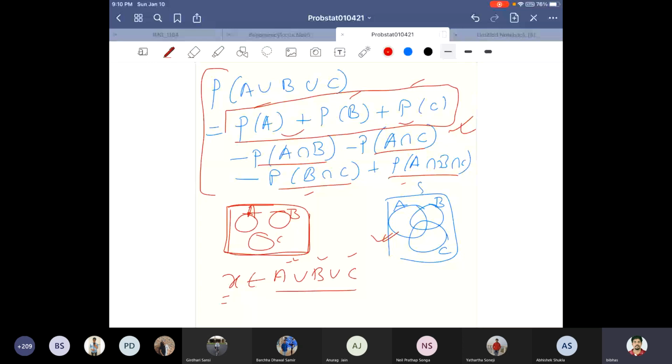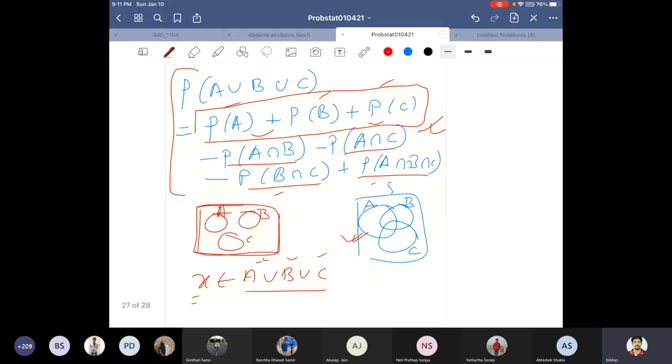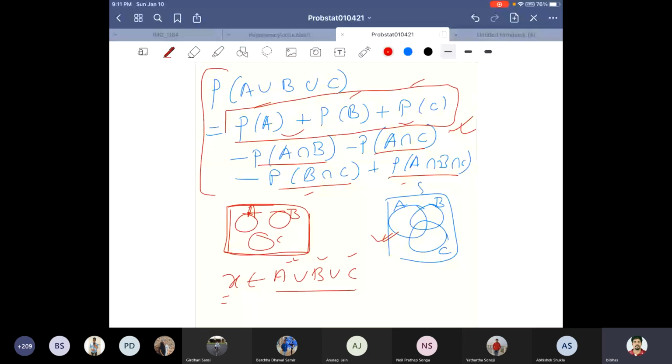And what I was trying to tell you is why I am saying all these properties: when you encounter some problems, you may be asked to find the probability of an event which can be expressed as a union of some other events whose probabilities are known from the given data or problem.